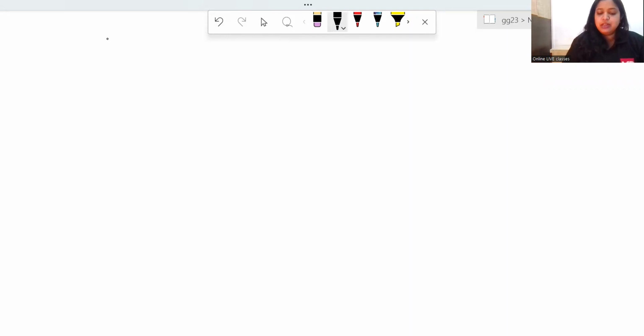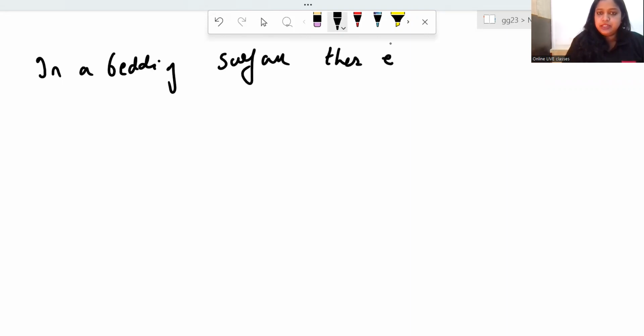Next question, they have shown a picture where on a bedding surface, these features are called.